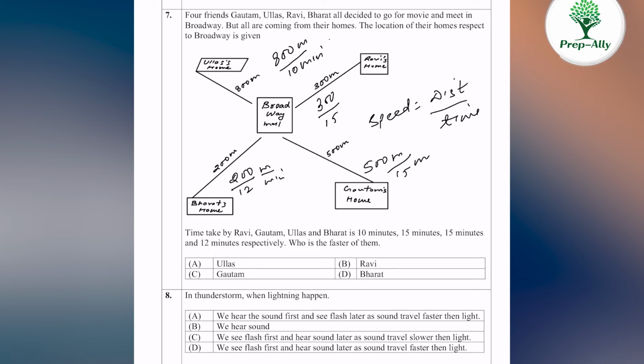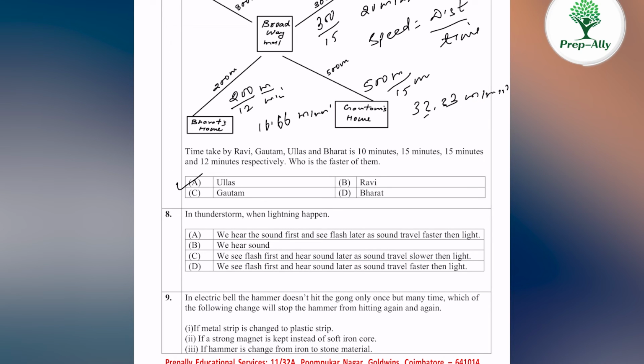So you see the ratio. Here it is 80 meter per minute. For Ravi, it is 20 meter per minute. For Gautam, it is 33.33 meter per minute, and for Bharat it is 16.66 meter per minute. Clearly we can see that Bharat is the slowest, Ravi is the second one, Gautam is the third one, and Ullas is the fastest one. That's why the answer to this question will be A. Ullas will be the fastest one.